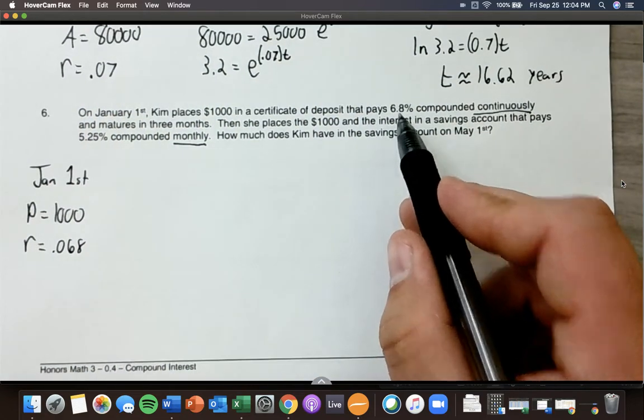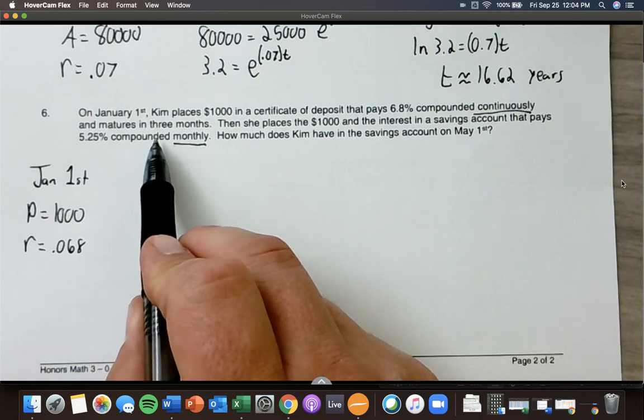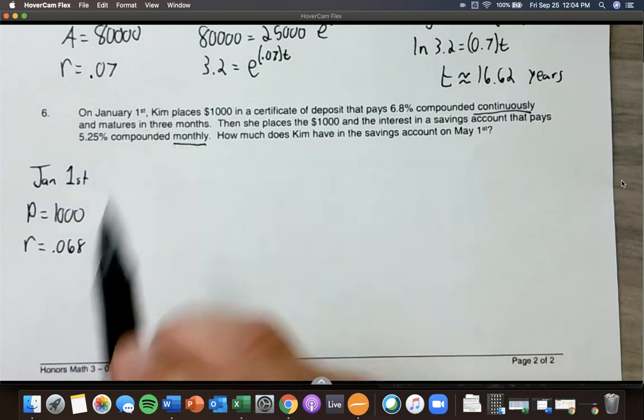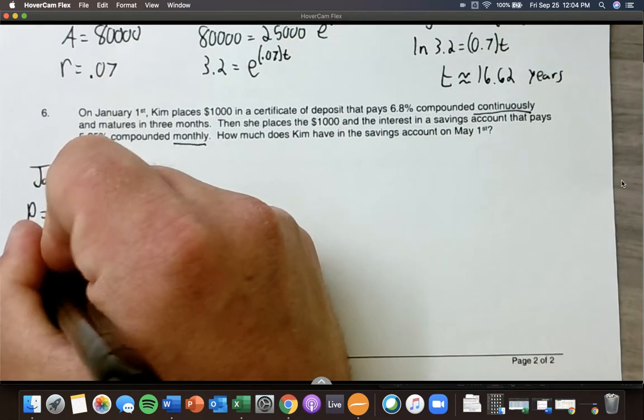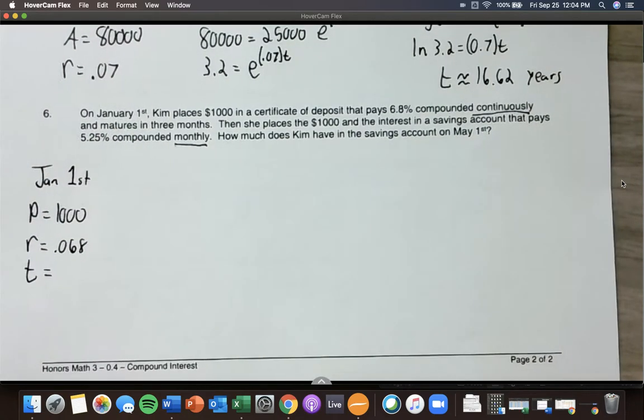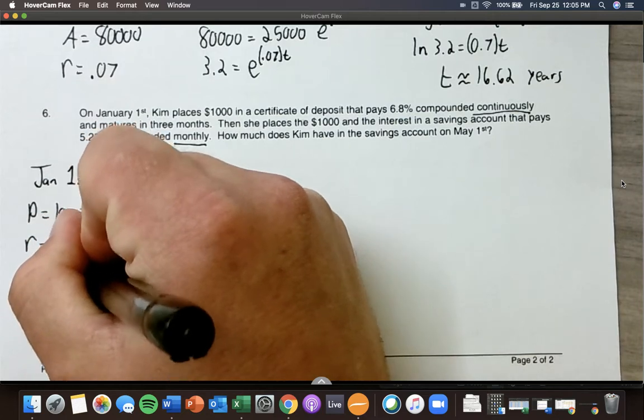It's compounded continuously, and she's only leaving it there for 3 months. And if you think about 3 months, what we have to remember is that the time always has to be in years. So 3 months out of 12 in a year, well, that's just a quarter, which is 0.25.